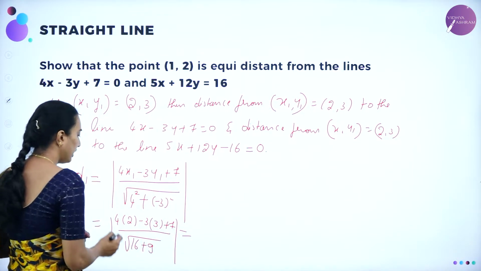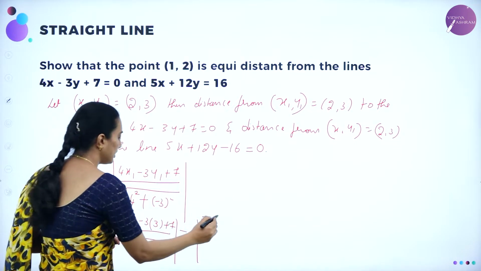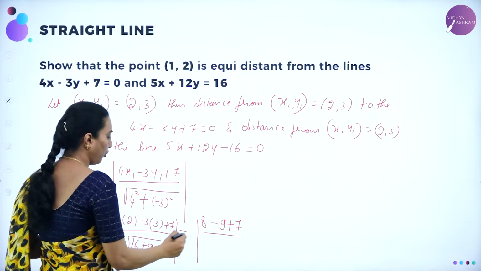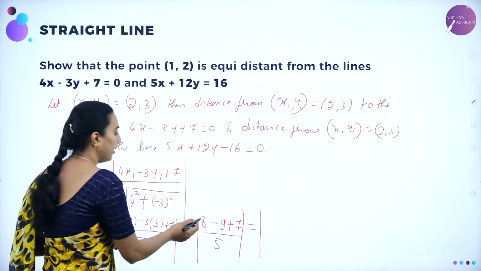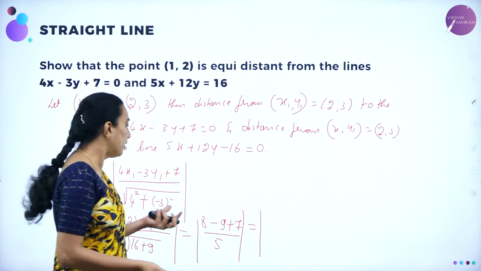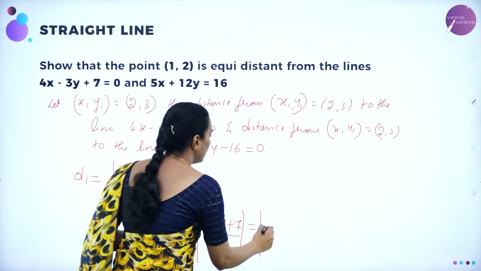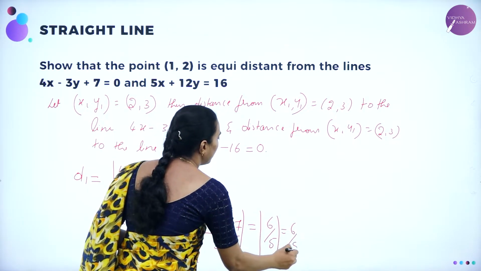Therefore, 4 2s are 8 minus 3 3s are 9 plus 7 divided by square root of 25 is 5, which implies modulus of 8 minus 9 is minus 1, minus 1 plus 7 is 6, so 6 divided by 5. Modulus of 6 divided by 5 is 6 by 5 only.